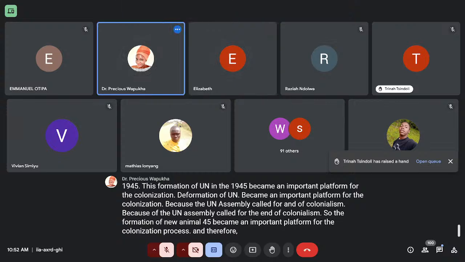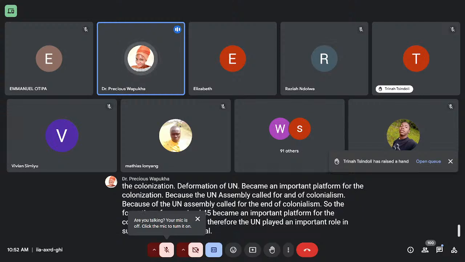Therefore, the UN played an important role in supporting the anti-colonial movement.